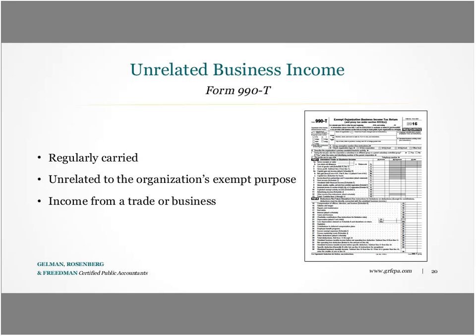The second item is unrelated to the organization's exempt purpose, and this is very important and can lead to some confusion. Often, when looking at a particular activity, if I ask the client how it is related to the organization's exempt purpose, the answer I'll get is, oh, yes, it's related because we use all the money that the activity generates to carry on the various things that the organization does.